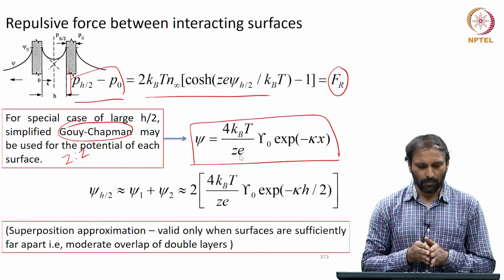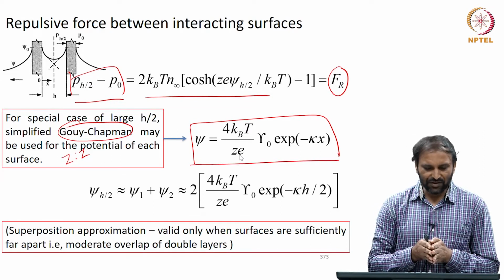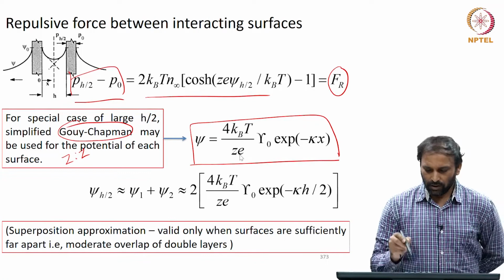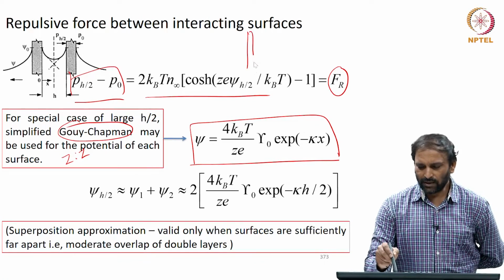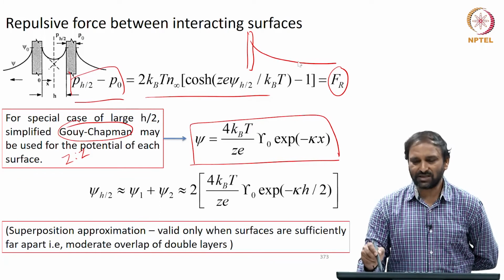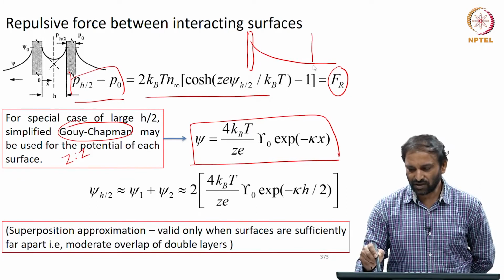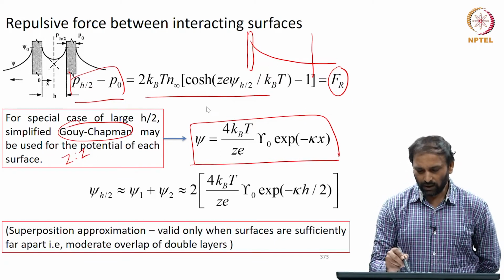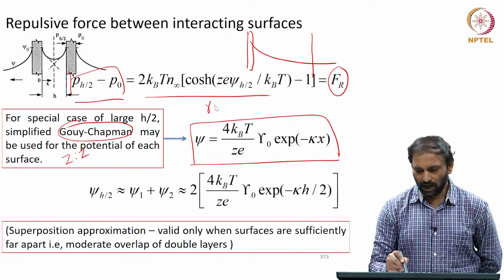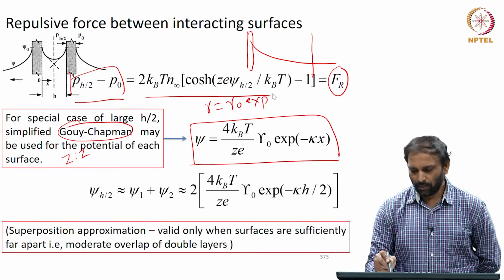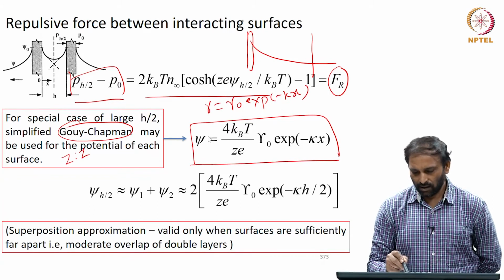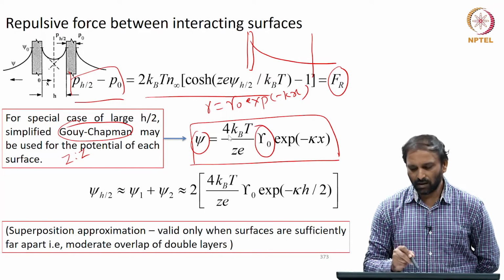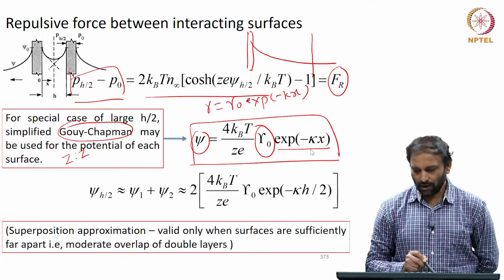That means we are looking at a very large distance from the charged surface, such that the potential has fallen to a low value. In such a case we can simplify gamma is equal to gamma naught exponent minus kappa x, as psi is equal to 4 kBT divided by Z e gamma naught times exponent of minus kappa x.